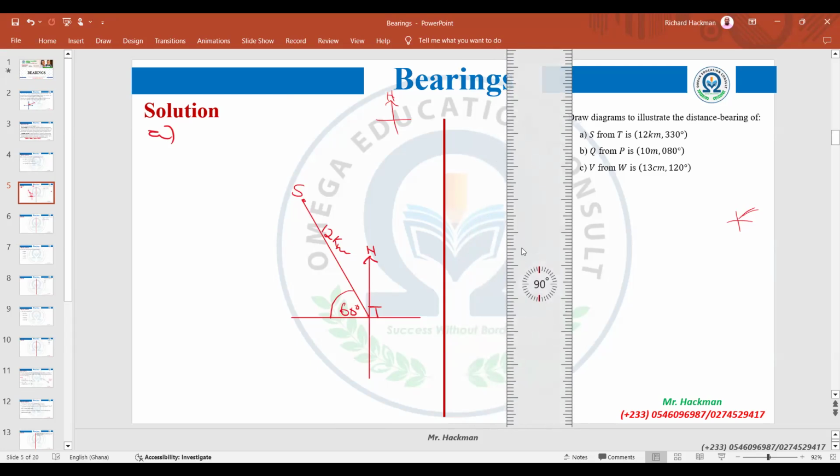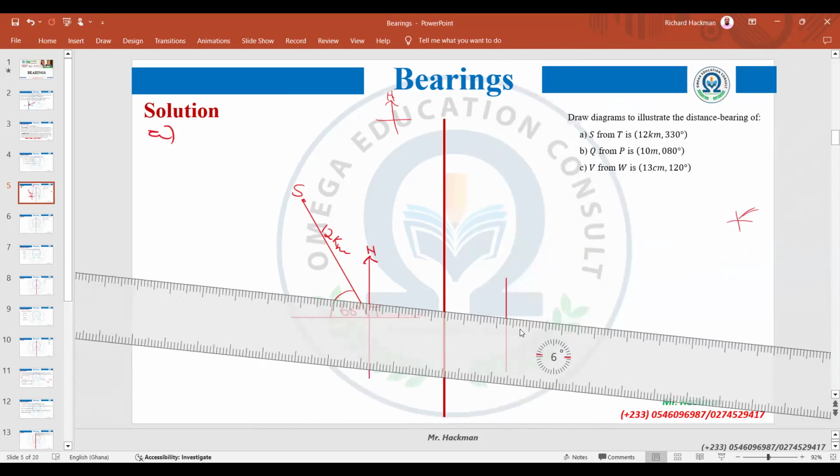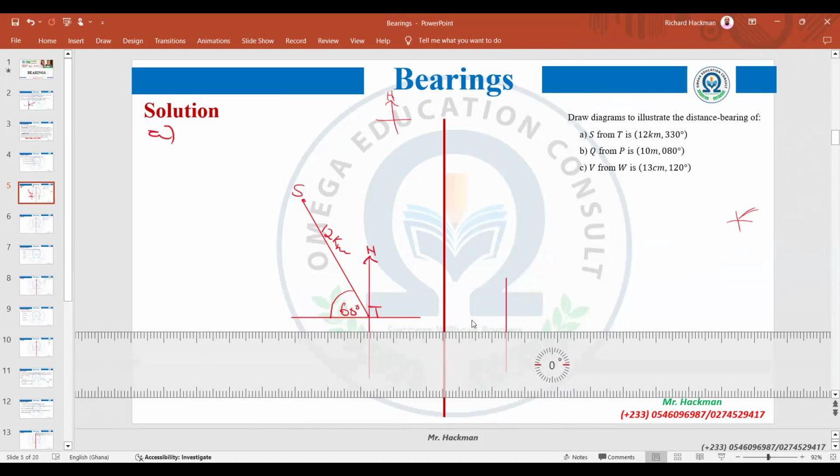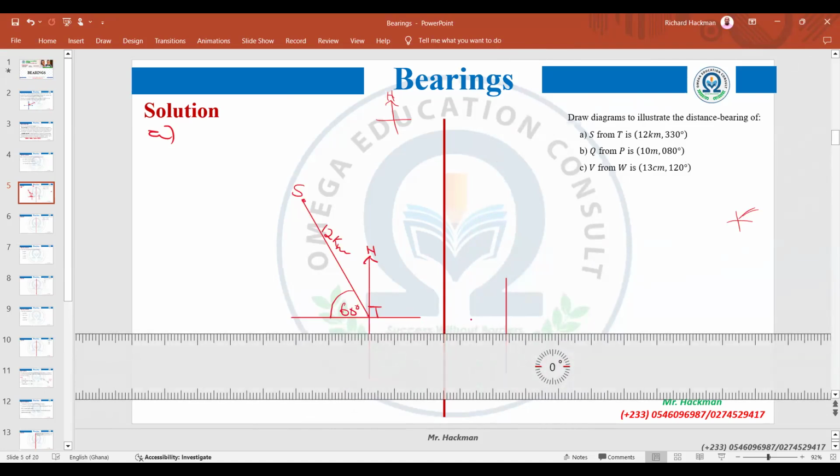So I'm going to do this again. My north-south. Then I indicate my west-east or east-west line. Remember, what you need to indicate will be your true north, very critical.